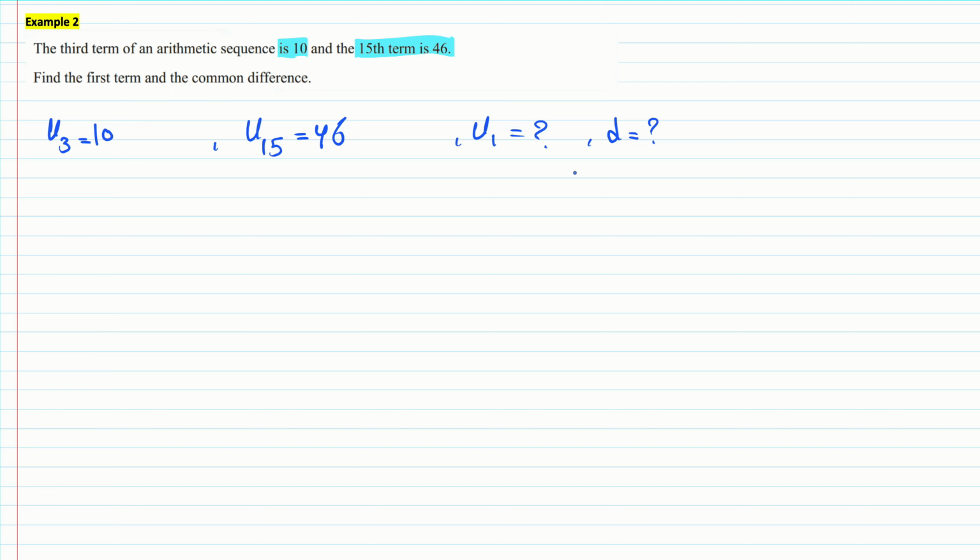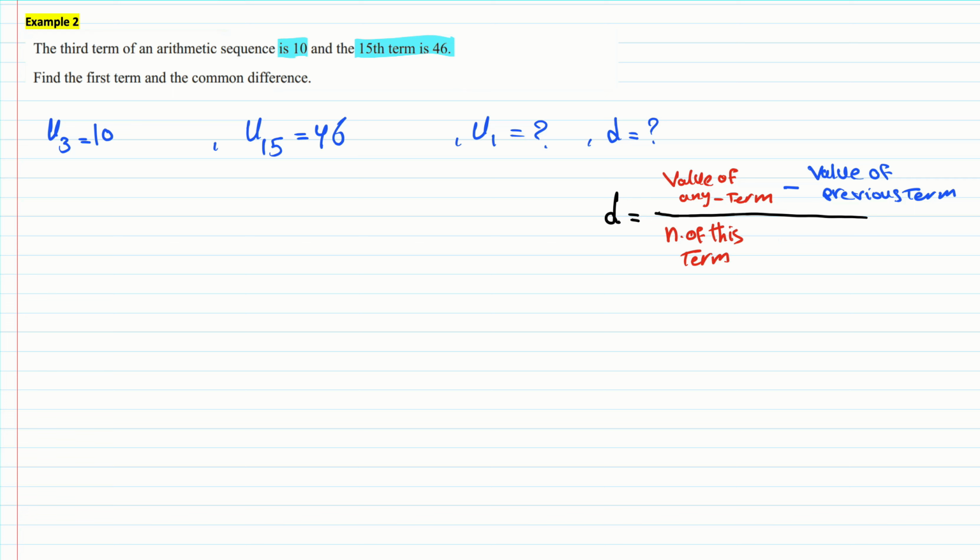The easiest and fastest way to answer this question is to find the common difference first. So the common difference in this case is going to be the value of any term minus the value of the previous term, over the number of the first term minus the number of the previous term.